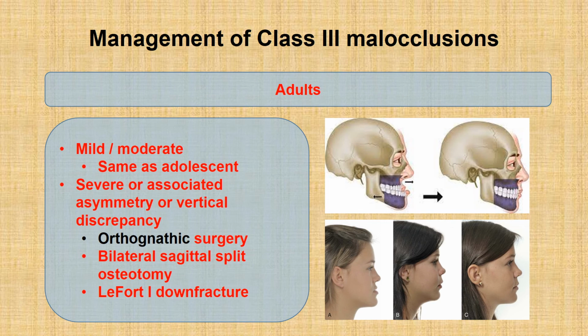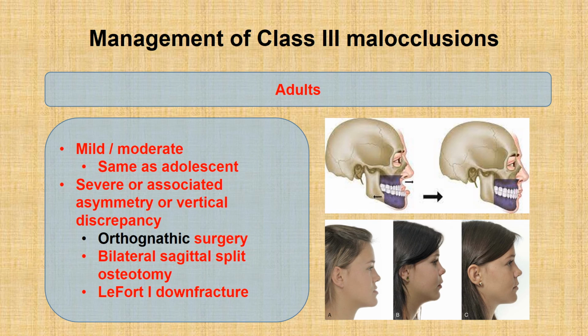Now, in adults, if the malocclusion or discrepancy is mild or moderate, then the treatment is the same as in an adolescent. But if it is severe or if it is associated with asymmetry or vertical discrepancy, then the patient will need orthognathic surgery, and this can be undertaken in either jaw or involving both jaws.